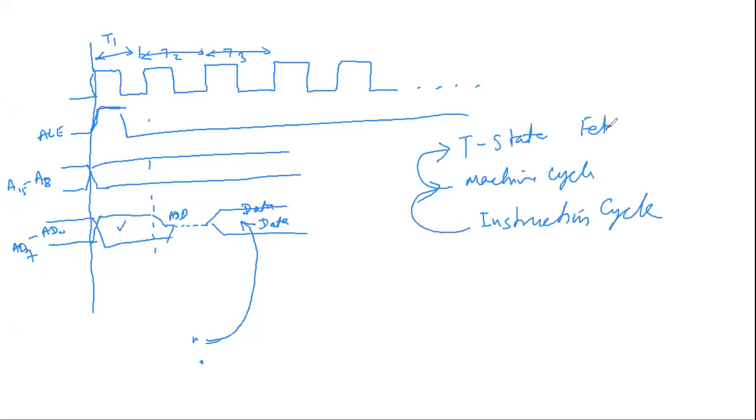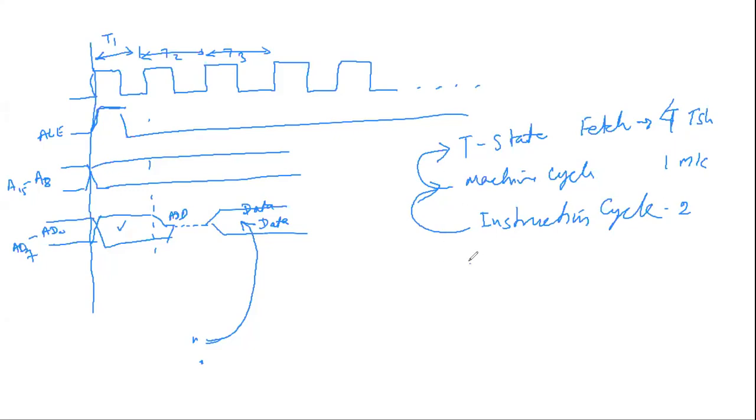The fetching of an instruction from the memory requires 4 T states. It requires one machine cycle. But the execution of an instruction may require 2 machine cycles. You have to fetch the instruction from the memory and then execute and then store back into the memory. You may require 3 machine cycles.